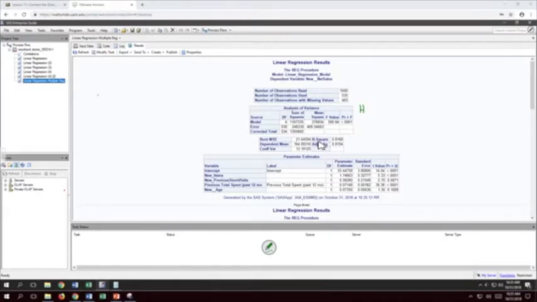So first we start out with our null hypothesis. Our null hypothesis is that overall, all of our slopes, so if this is 1, 2, 3, and 4, all of our slopes equal 0. There's no relationship.